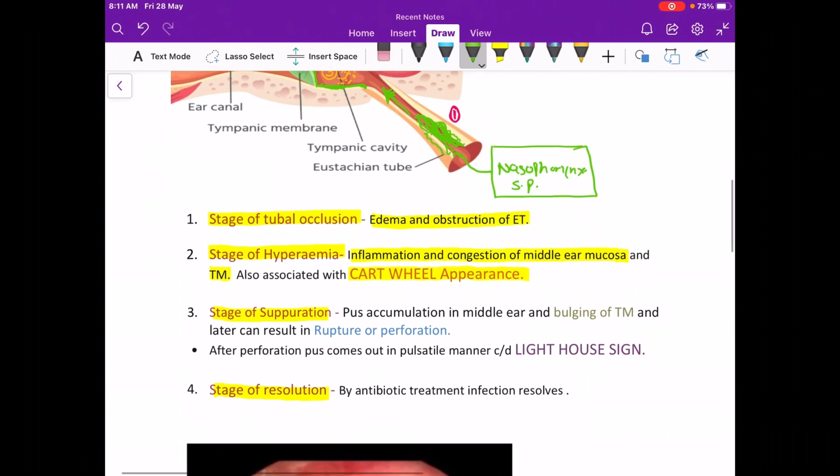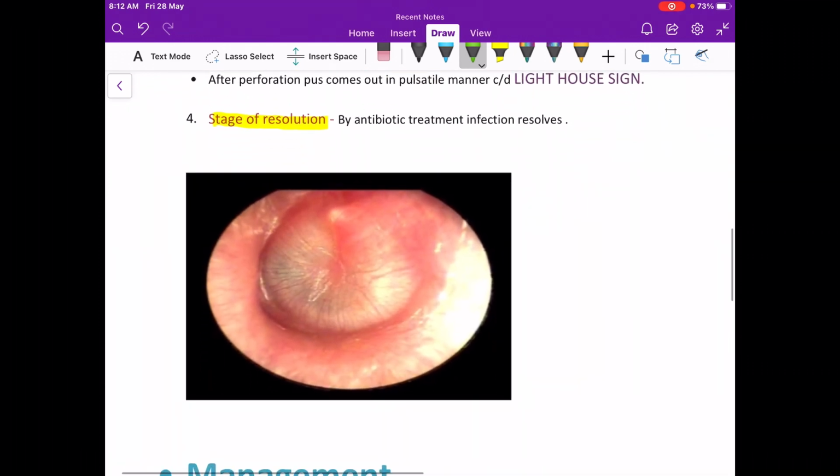I will show you the photo here. You can appreciate in this photo very prominent vessels arranged like this, and this fashion is known as the cartwheel appearance. This is due to the hyperemia from the infection in the middle ear, the stage of hyperemia. It looks like a cartwheel.